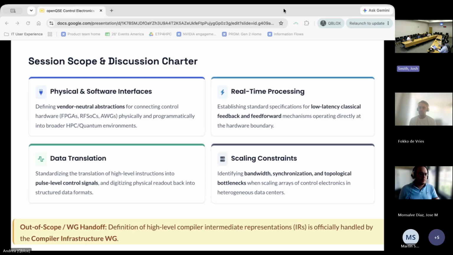I think there's a sensitivity from all the vendors: when you open up certain parts of the control stack, you give visibility into a lot of the underlying information of their system. And there's secret sauce in terms of things like calibration, noise models, things that really characterize the underlying technology.